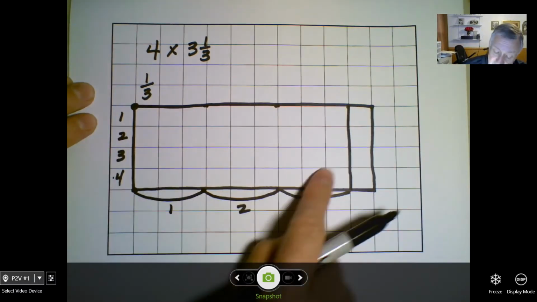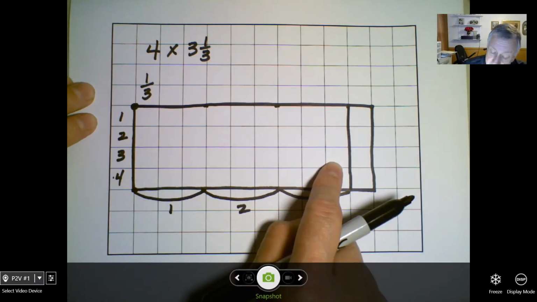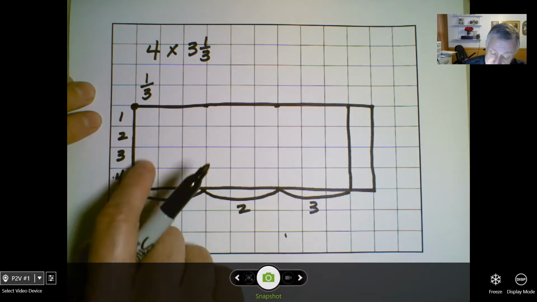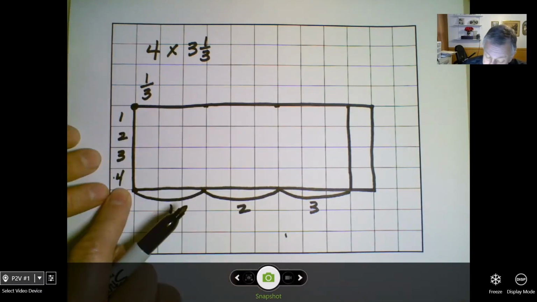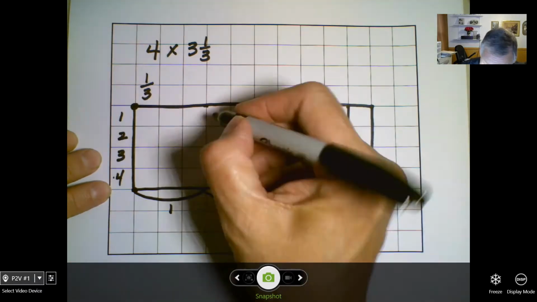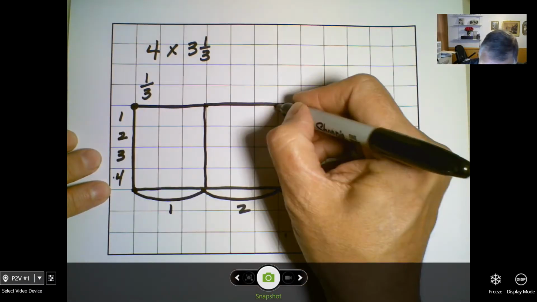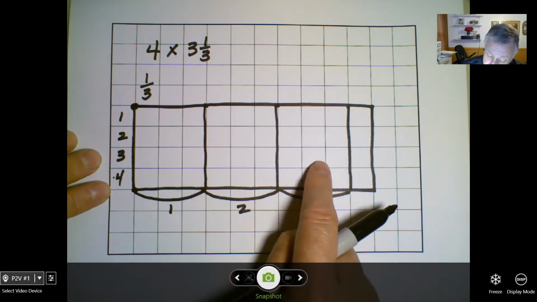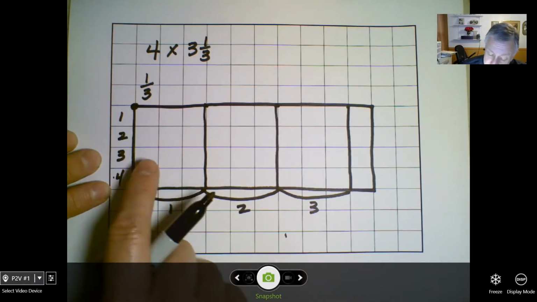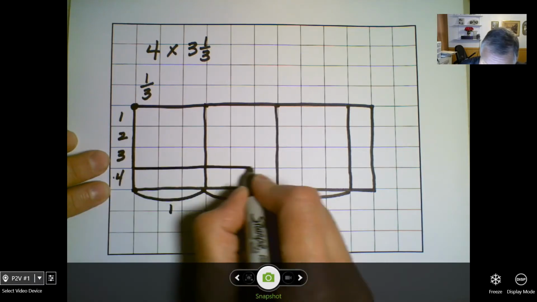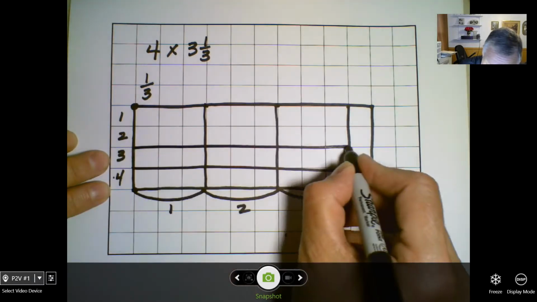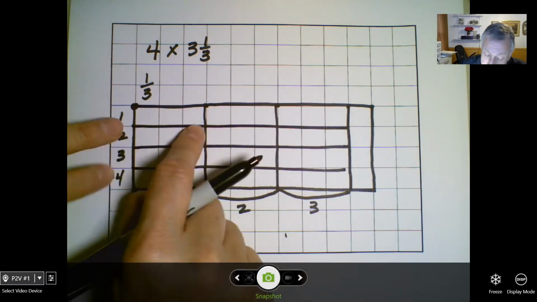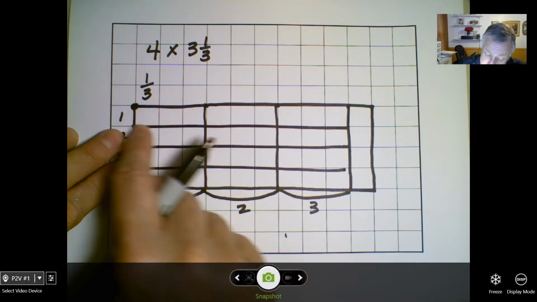Okay, because the first thing I'm going to do is I'm going to figure out the area of this piece right here. Okay, and so that's simply a matter of taking 4 times 3. I'll draw the lines for the whole units. Okay, 1, 2, 3 by 1, 2, 3, 4. So that should be, and again, I'll draw the lines across. Each one of these rectangular boxes here represents 1 unit because it's 1 by 1.